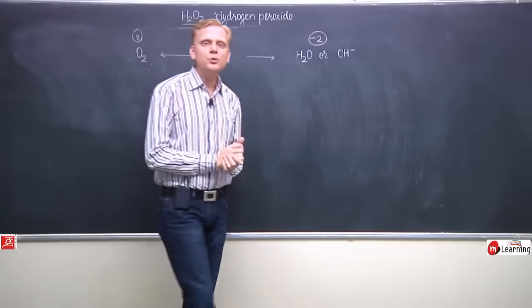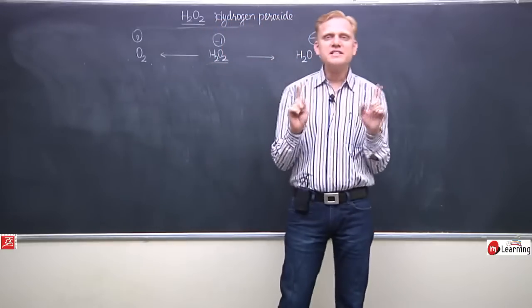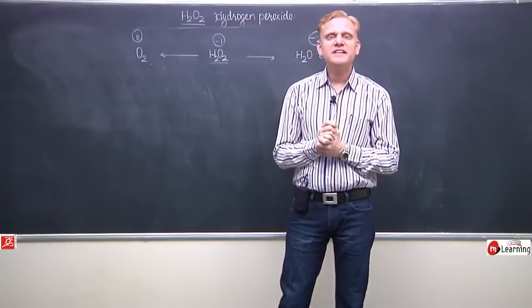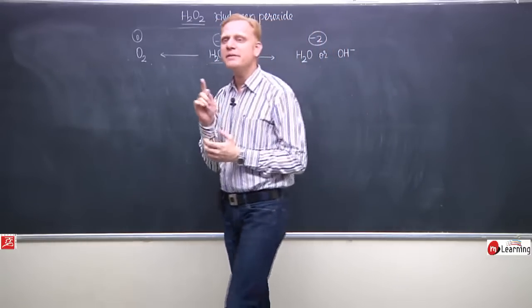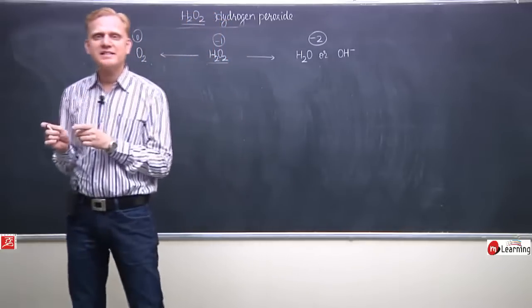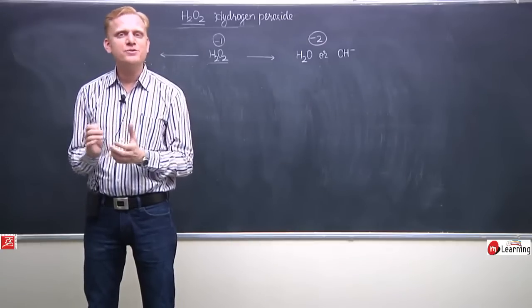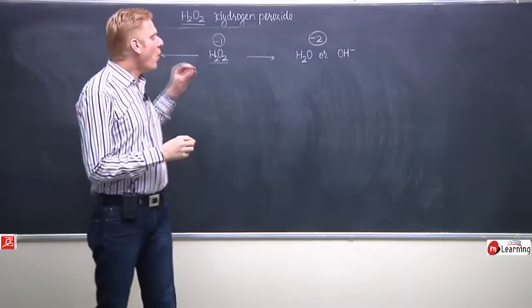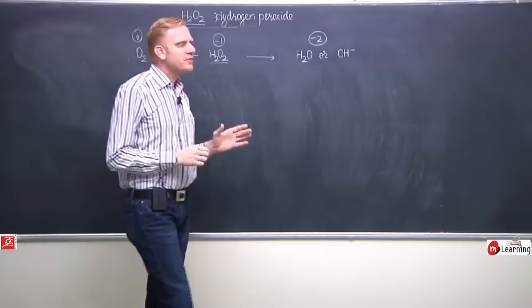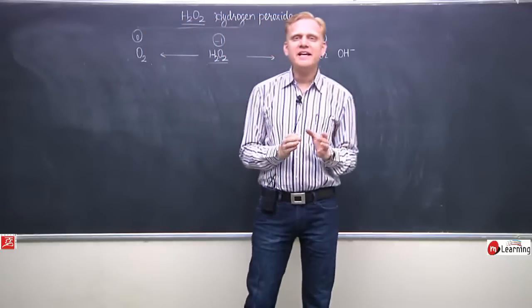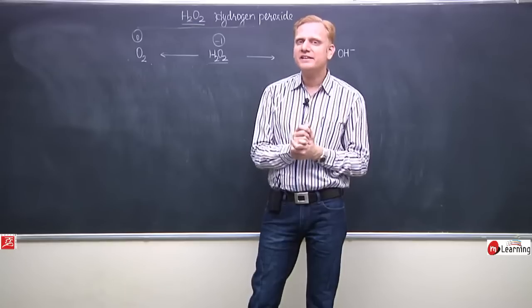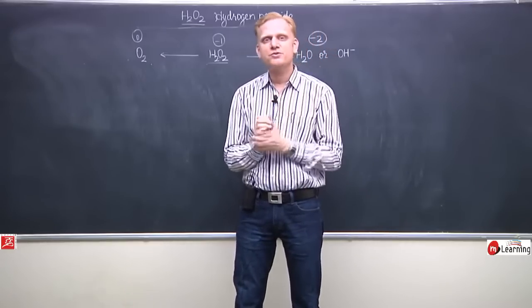So what can be concluded? Since both the changes are possible, that means hydrogen peroxide can behave both as an oxidizing agent as well as a reducing agent. In all the reactions where hydrogen peroxide will act as an oxidizing agent, it itself will be reduced.